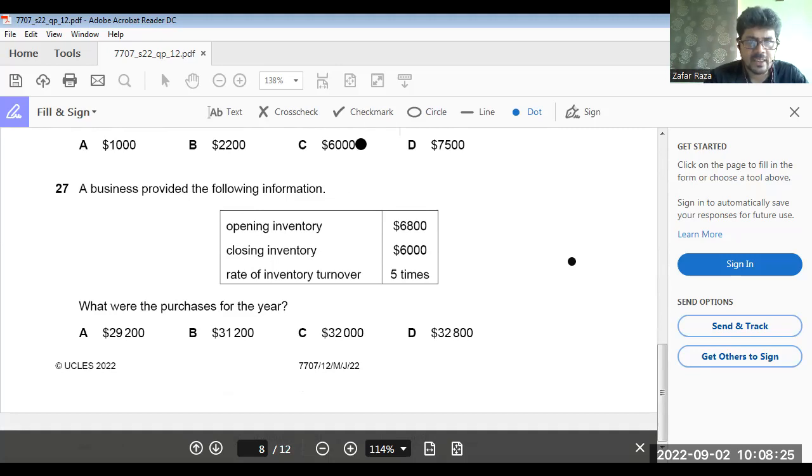First, we have to take average inventory. 6,000 plus 6,800 divided by 2, 6,400 multiplied by 5. 32,000 is cost of sales plus closing inventory 6,000 minus opening inventory 6,800. So 31,200 is the amount of purchases. B option should be the answer.